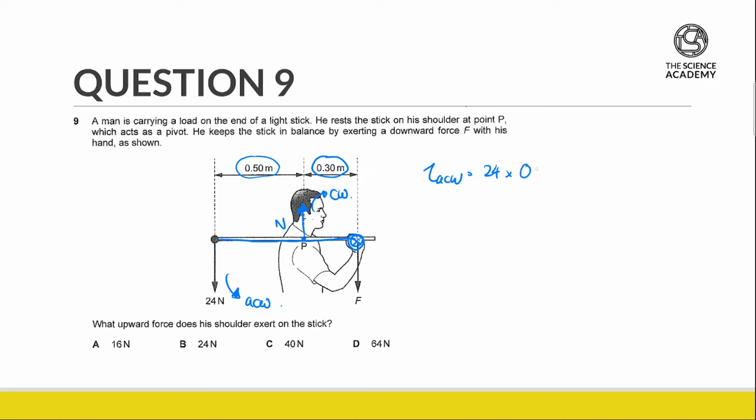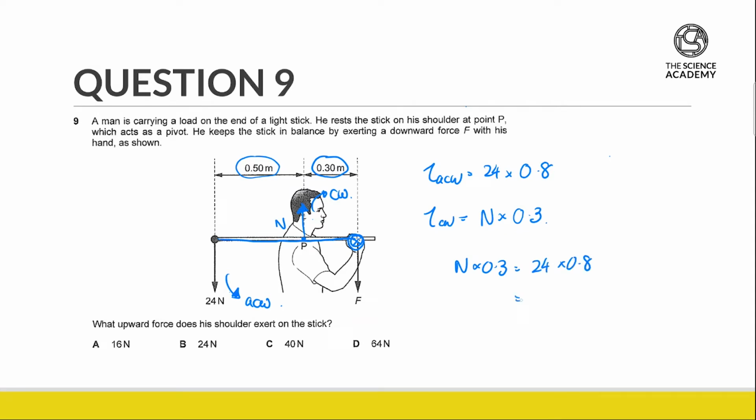So we have 24 times 0.8, and we have the clockwise moment which is going to be N multiplied by 0.3. Because we know from the principle of moments that the clockwise must equal the anti-clockwise, we have N times 0.3 equals 24 times 0.8.